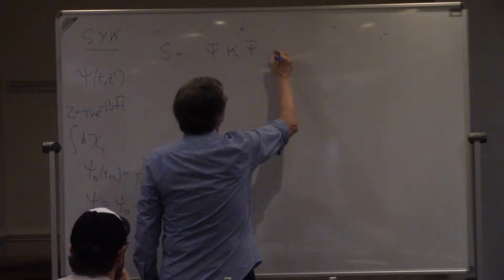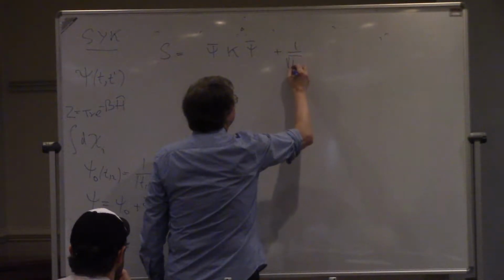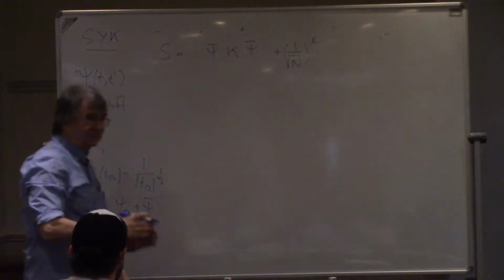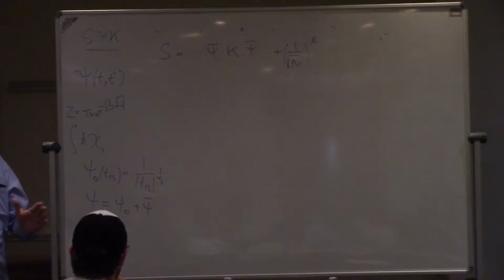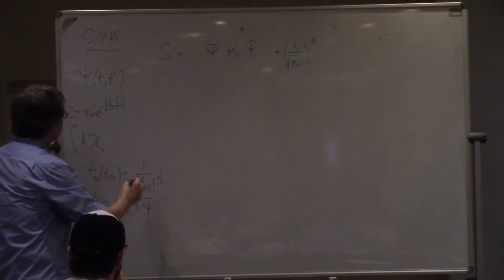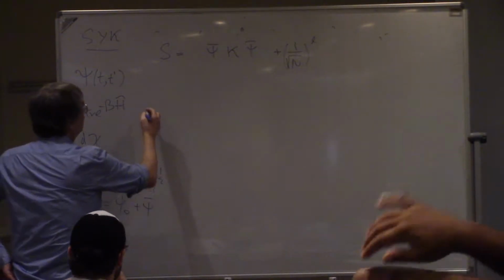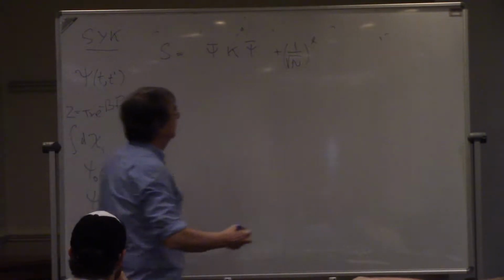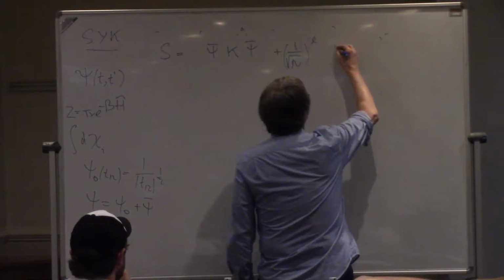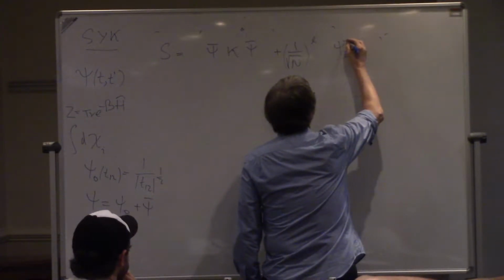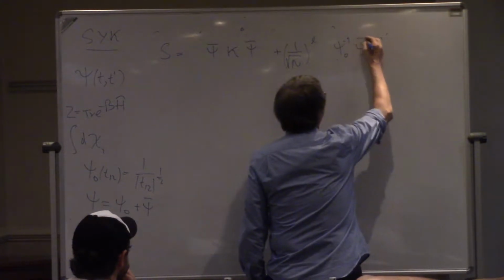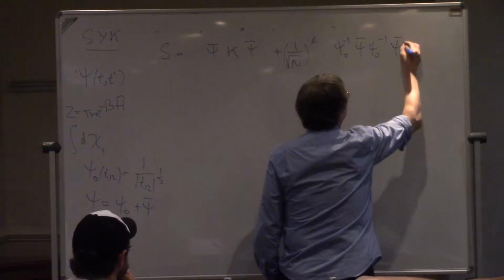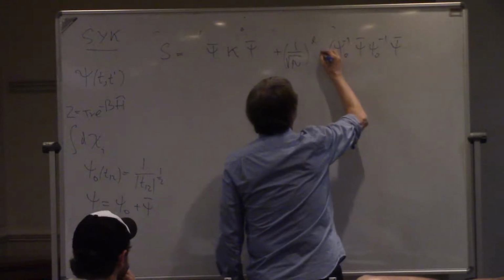And then the 1 over square root of N terms to the power L. There will be a vertex of L order. All vertices will be here, because what you'll be doing is expanding that trace log of psi, and that will generate a systematic sequence of vertices. They look as follows: psi 0 inverse, psi bar, psi 0 inverse, psi bar, and trace.